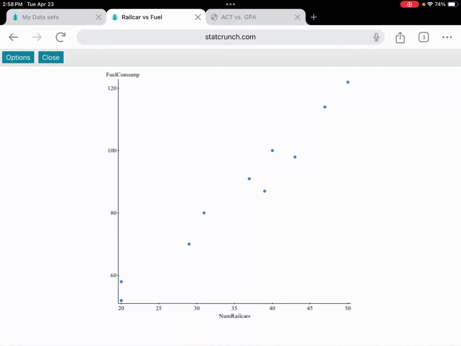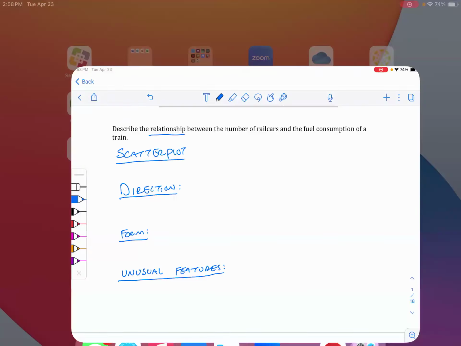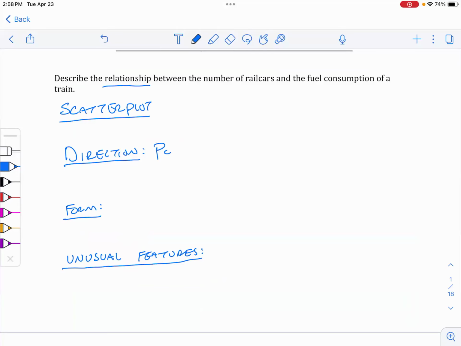It looks like pretty much all the points follow this general pattern the same. So my direction is positive, form is linear, and no unusual features. And so describing the relationship is really pretty simple. It's about making sure that we include those three important points.